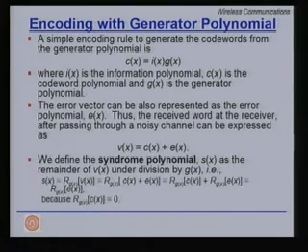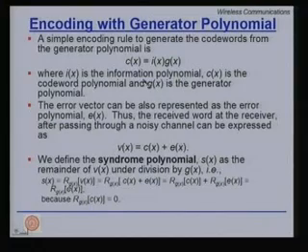Now, let us move over to encoding using the generator polynomial for the case of cyclic codes. A simple encoding rule can be C(x) is equal to I(x) times G(x), where I(x) is the information polynomial. Just like you have the information word, you can represent it using a polynomial.